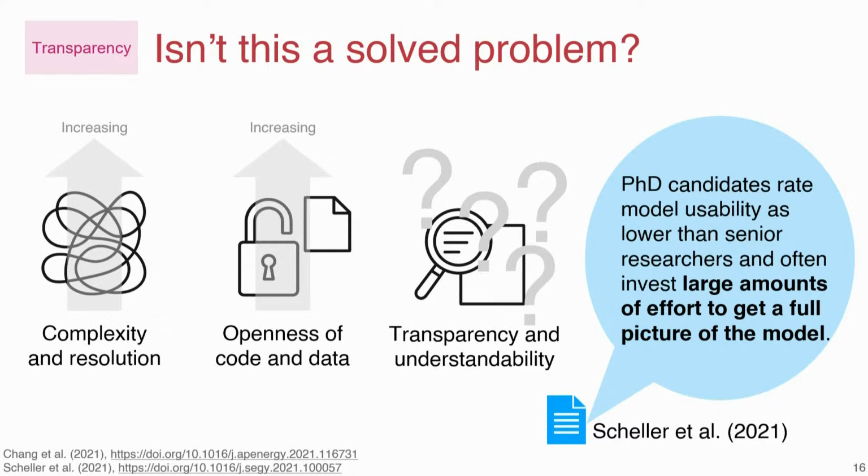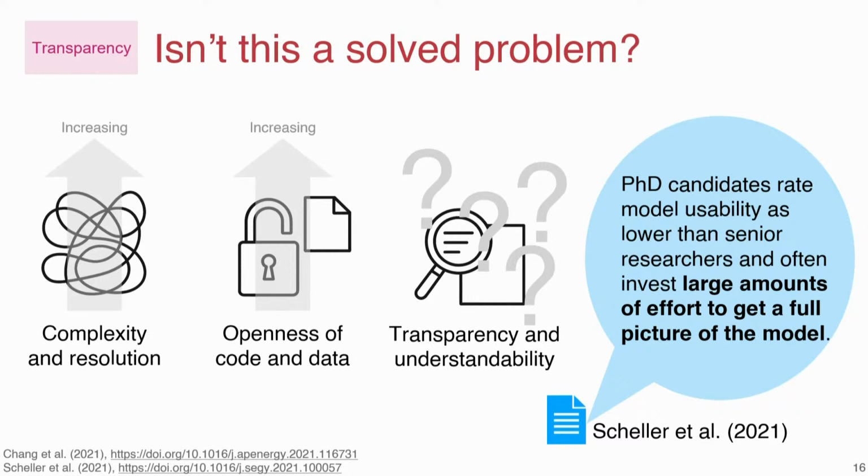This is from a paper, Scheller et al., where they find that PhD candidates rate model usability as lower than senior researchers, and they found that often these PhD candidates invest very large amounts of effort to get a full picture of the model.